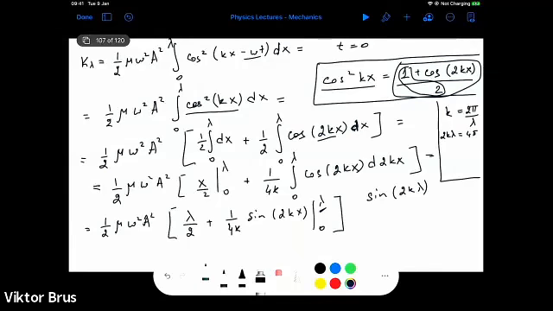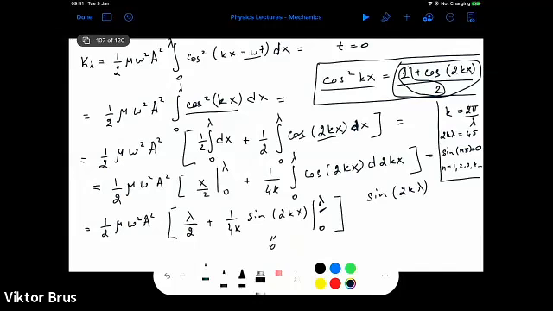And sine of n pi, when n is equal to 1, 2, 3, 4, and so on, will be equal to 0. So actually this integral in these limits from 0 to lambda will be equal to 0.